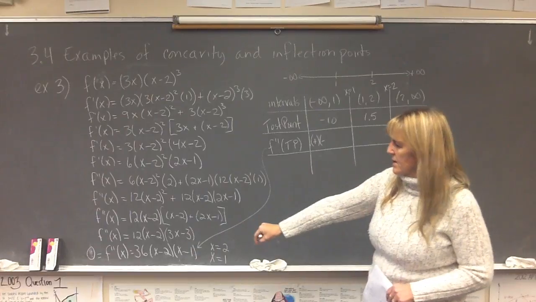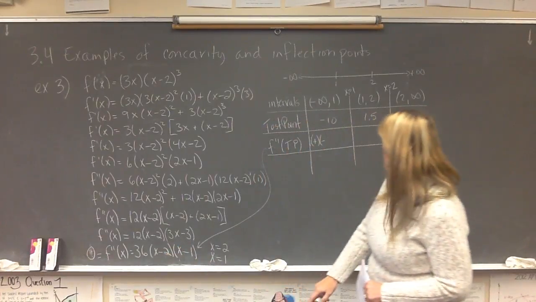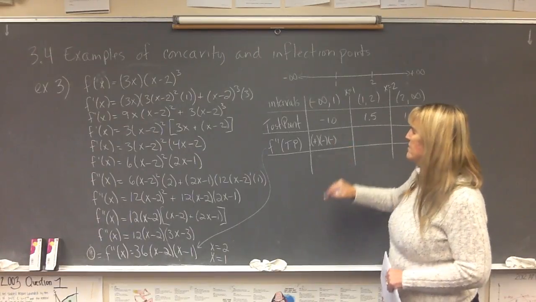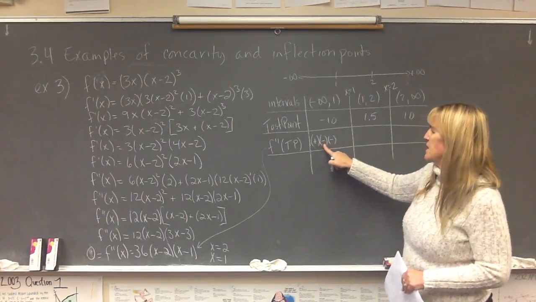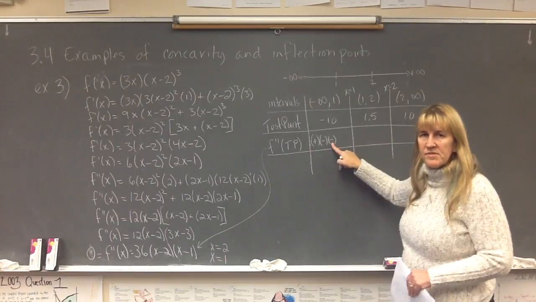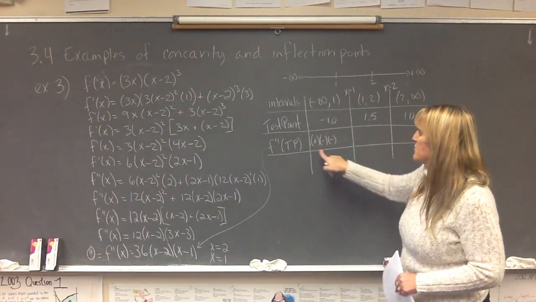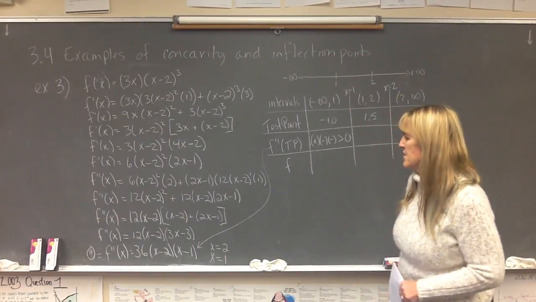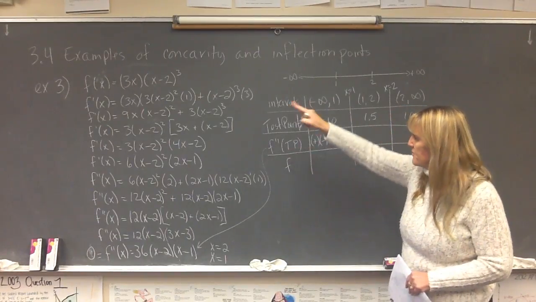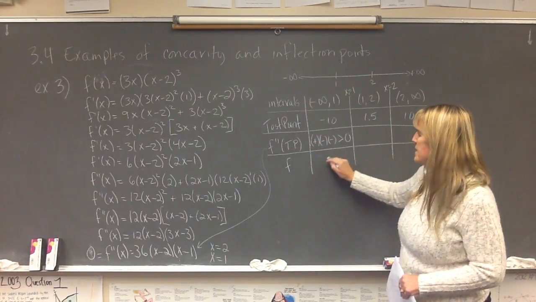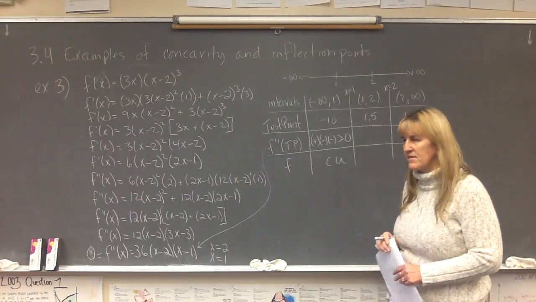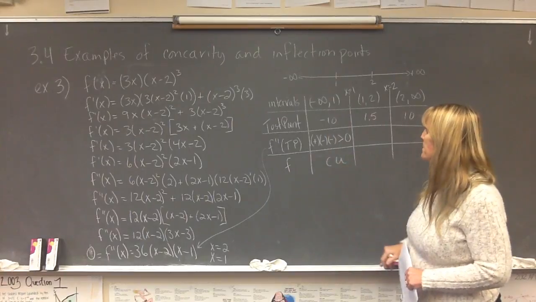A positive times a negative times a negative. These negatives pair up to make a positive. So this overall answer is positive, which is greater than 0. That tells me that the original function f, up there, had to definitely be concave up because its second derivative is positive, just for that interval.